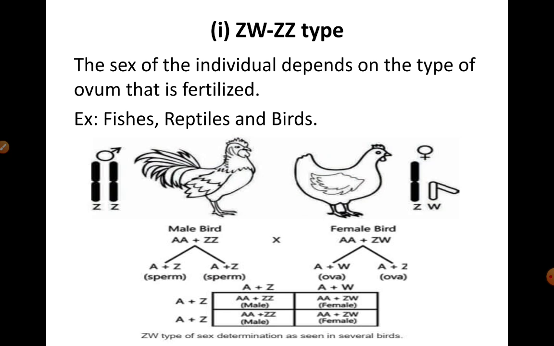The sex ratio produced is 1:1. When AZ fuses with AZ, it forms a male because of two similar Z chromosomes, and when A plus Z fuses with AW, it forms a female wherein the sex chromosomes are heterogametic.